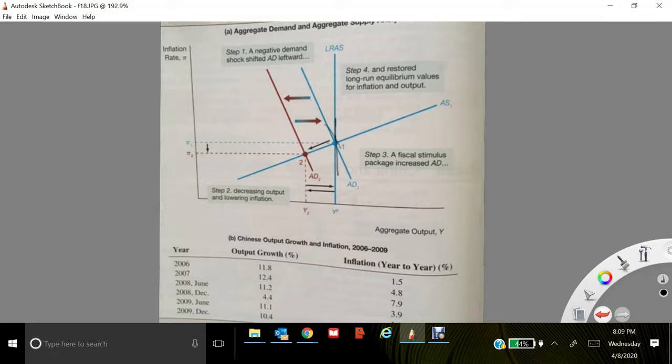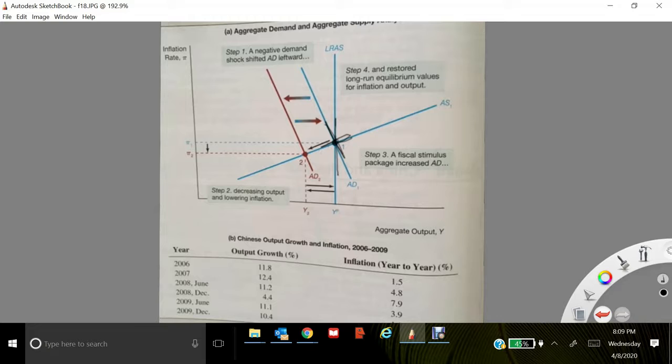The Chinese economy suffered the same effects of the financial crisis. What happened in China was we were in this equilibrium here.